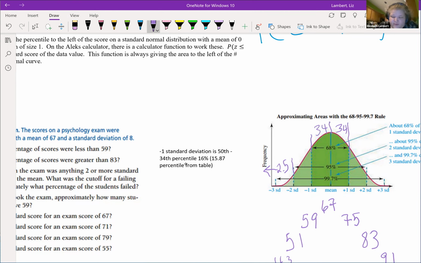That's 34. Now the 34, it's not everything to the left. It is just between the two purple lines. So if I wanted to know everything from the left up to -1 standard deviation, well, earlier I did the 50th minus the 34th to figure out where this number is.